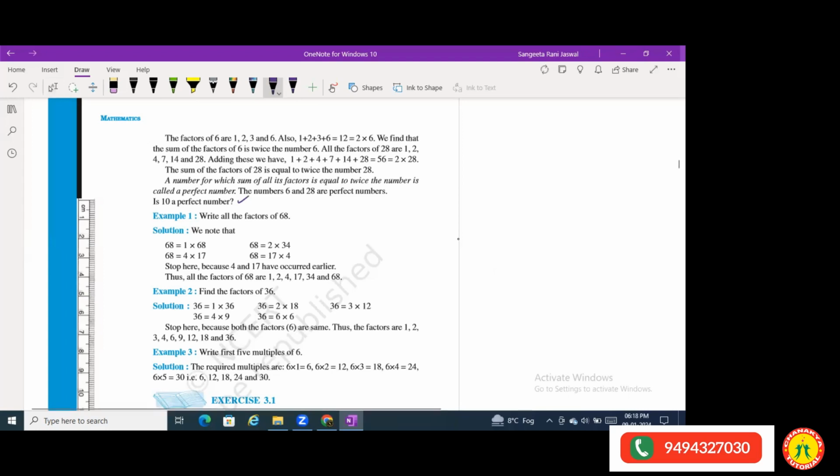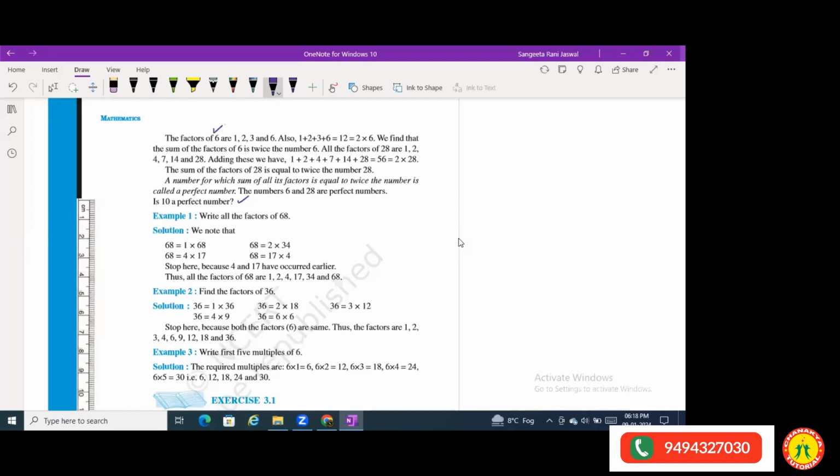Suppose this is number 6. It has factors 1, 2, 3. 1 is a factor of 6, 2 is a factor of 6, 3 is a factor of 6. When you add these numbers, you get 1 plus 2 plus 3, 6, and then 6 plus 6, 12. The sum is equal to twice the number.